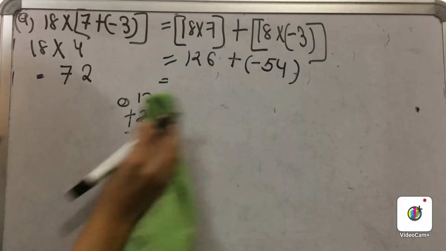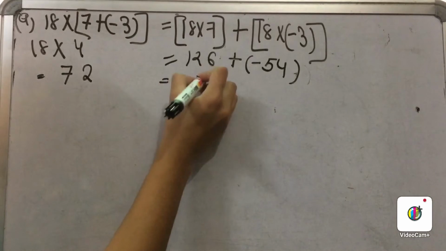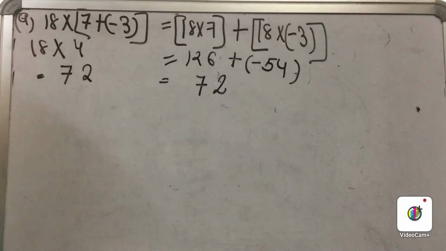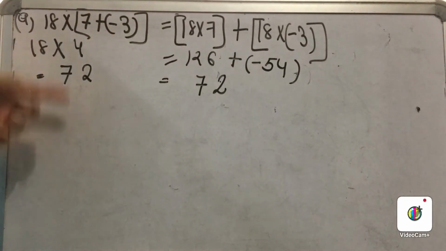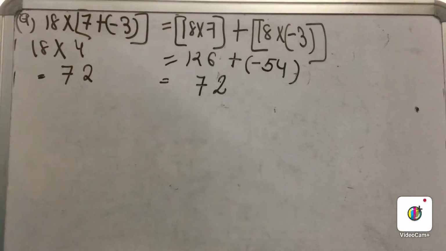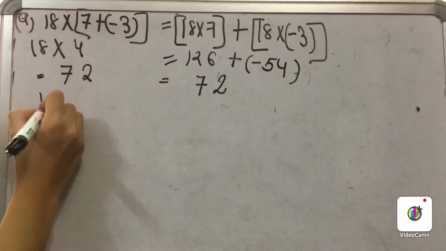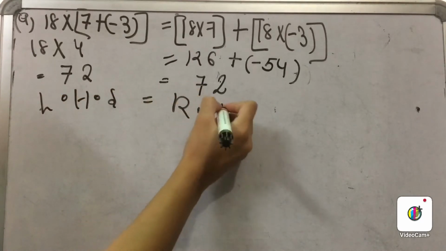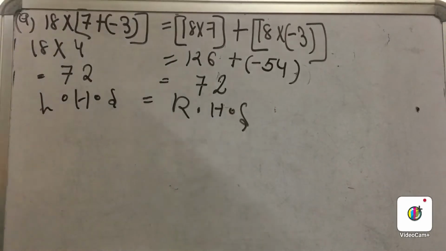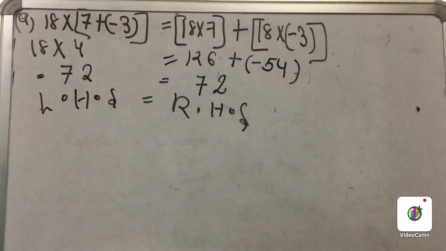So 126 minus 54 is also 72 in a positive, because which one is bigger? 126, and the sign in front of 126 is positive. So 72 equal to 72. LHS equal to RHS. So we had to prove it and we have proved it.